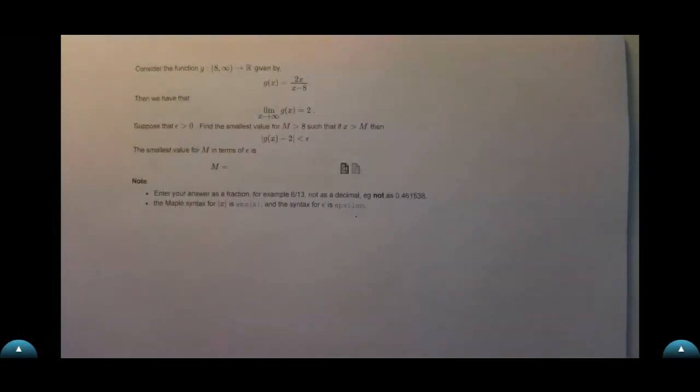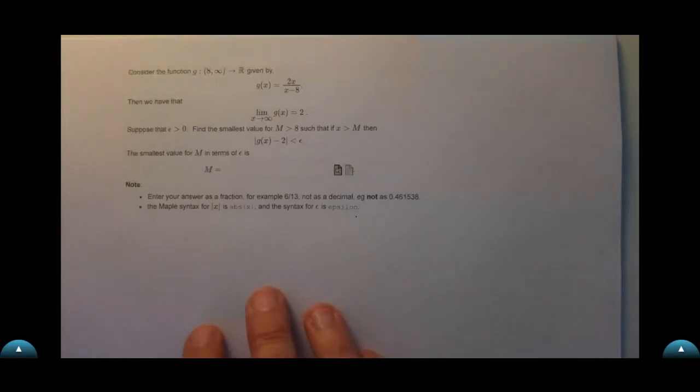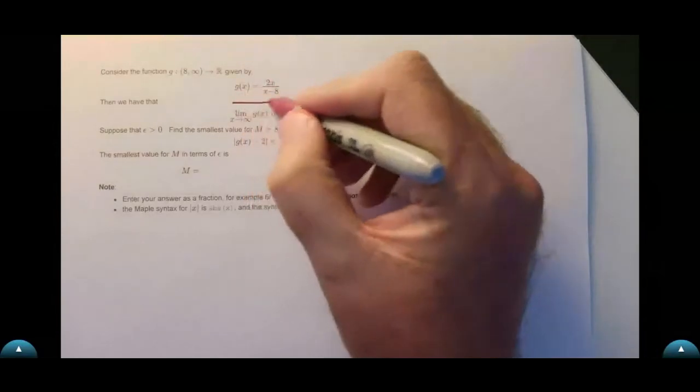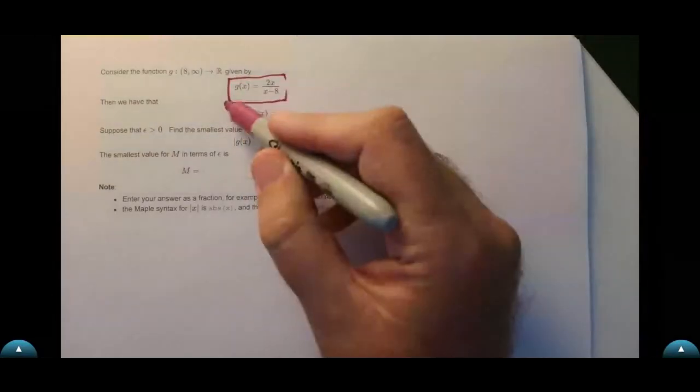Great. Okay, so let's have a look at some of the questions. Might just zoom in a bit there. All right, so I'm going to start with the harder problems first, and then I'm going to work backwards. Okay, so this is a limit type question. You've got a function, and they tell you that the limit as x approaches infinity is 2.